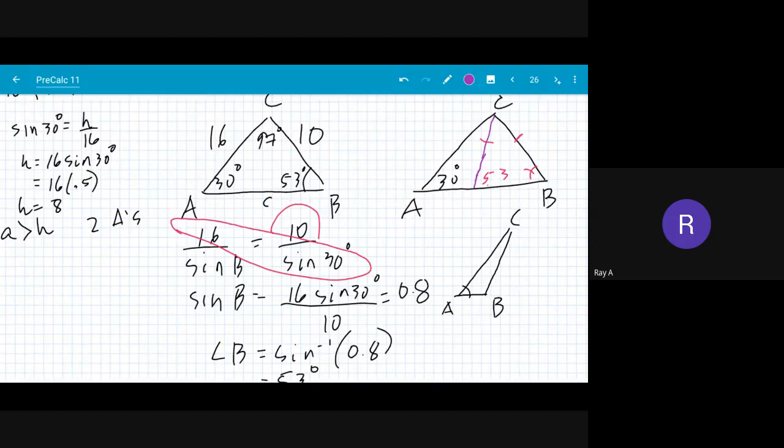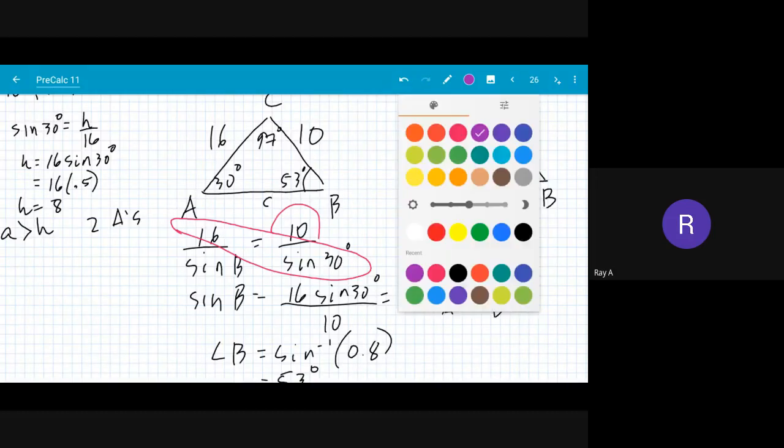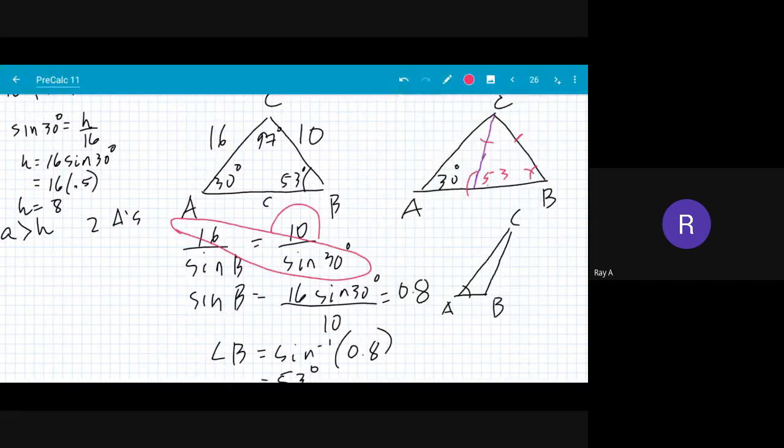Therefore, this one here would just be 180 minus 53, right? So that means this one here is 180 minus 53. So that would be what? 127 degrees, right? 180 minus 53.